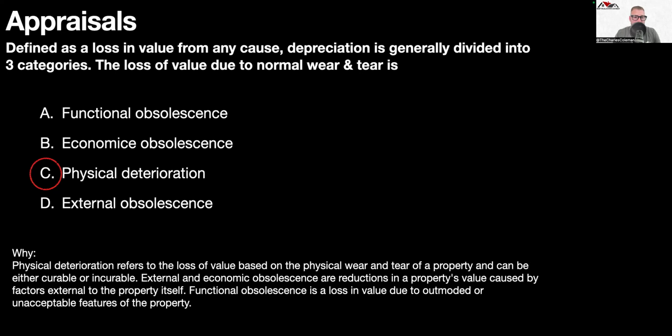External and economic obsolescence are reductions in a property's value caused by factors external to the property itself. Functional obsolescence is a loss in value due to an outmoded or unacceptable feature of the property.